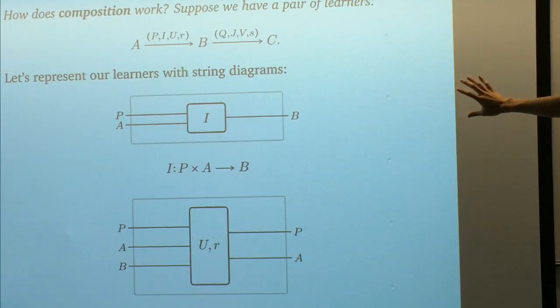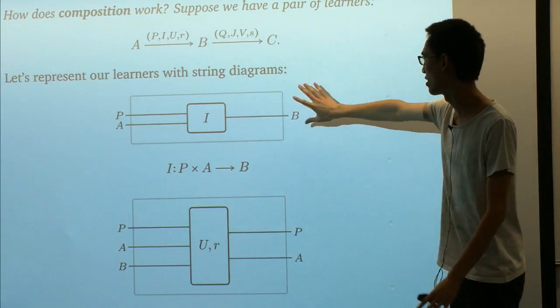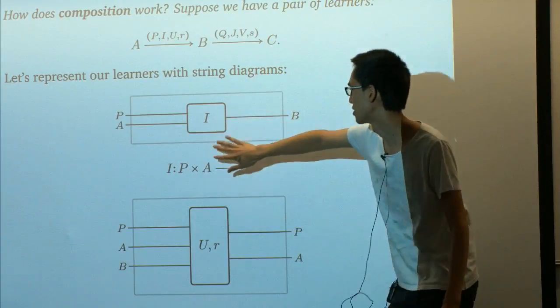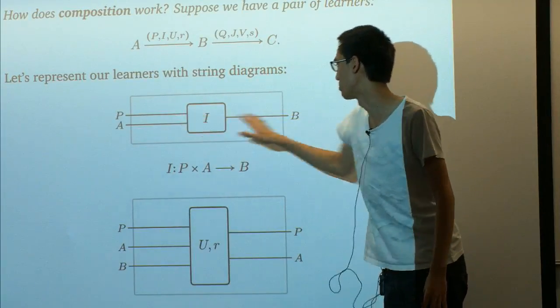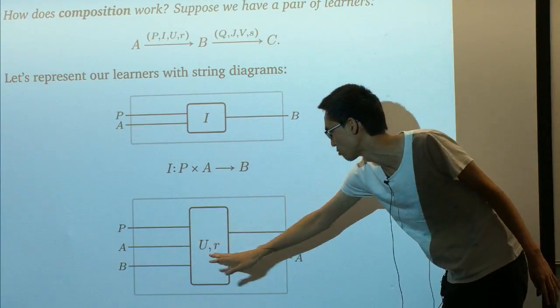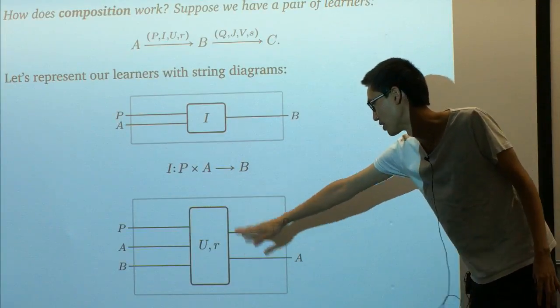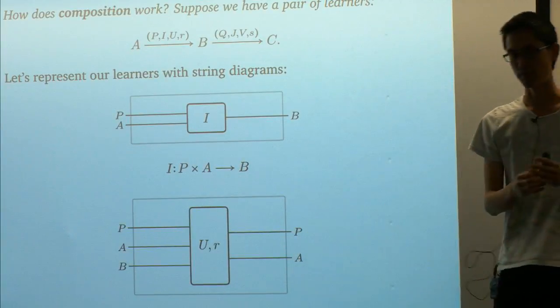To give you an idea of what's going on quickly, I'm going to use some string diagrams. These are string diagrams in the category of sets. This represents a function I from P times A to B. You'll notice that the update and request functions have the same domain, so we can pair them to be a function from P times A times B to P times A.